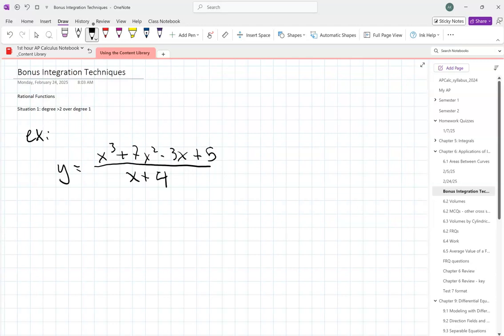As this is currently written, we don't have an integration technique to handle this. You can't u-sub it, because you'd pick either the top or the bottom as your u, and the leftovers aren't going to solve any of your problems. The trick here is that we want to do polynomial division.